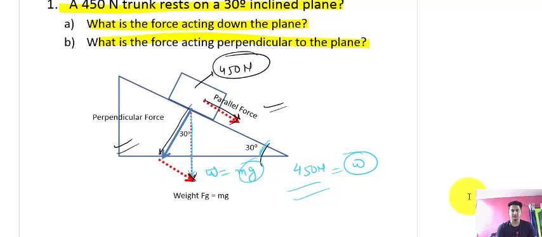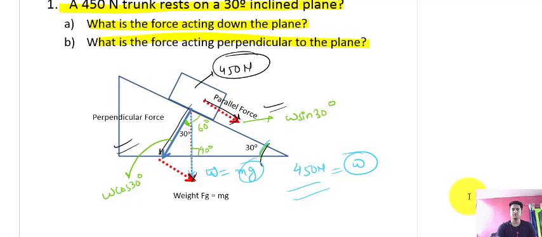As this is 30 degrees, and this angle is 90 degrees, this will be 90 minus 30, that is 60 degrees, and the remaining angle will be 30 degrees. So if this is 30 degrees and this is W, this component will be W cos 30, the component having an angle with it, the cos component, and the other component will be W sin 30 degrees.